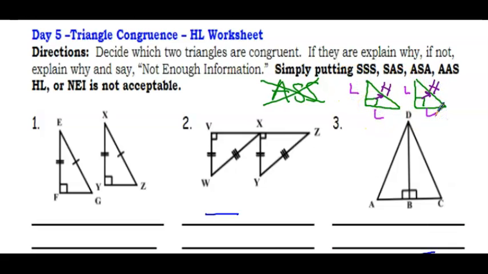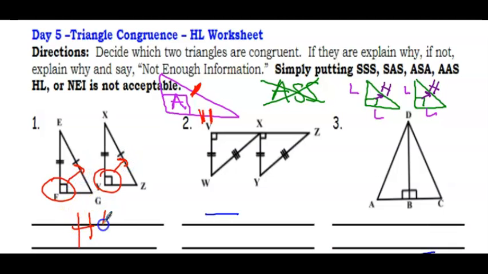So if you have the 90 degrees, the hypotenuse and one of the legs, you can prove the triangles are congruent. For example, the first one would normally be ASS, but because of that 90-degree angle, across the way is the hypotenuse, so you can prove it with HL, hypotenuse leg.